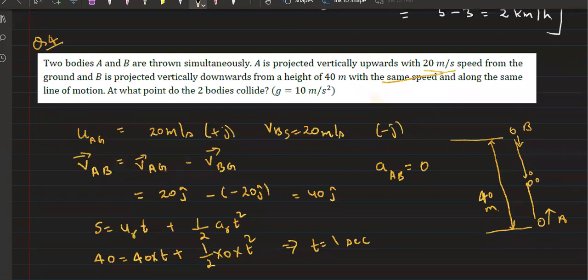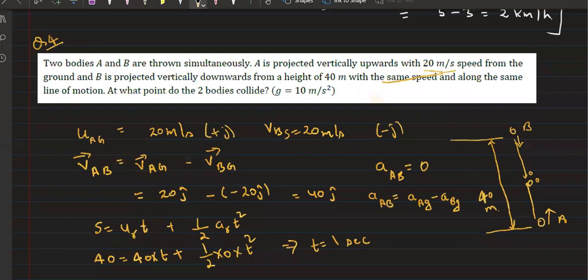Got it? See, Navya, what is acceleration of A? Tell me. G, right? So I can say that acceleration of A with respect to B is equal to acceleration of A with respect to ground minus acceleration of B with respect to ground.